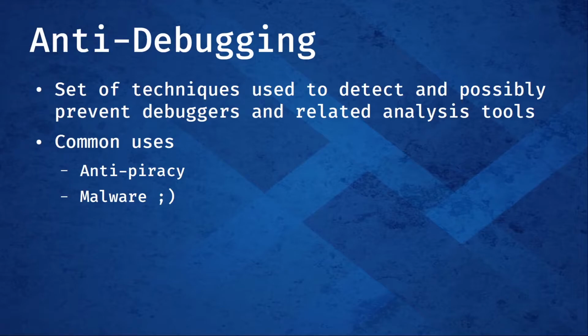So if we engage in anti-debugging, many times we are also able to detect and possibly prevent a large chunk of tools by the same set of techniques. And the most common uses apart from malware for anti-debugging has always been anti-piracy, mostly to prevent someone from blatantly copying your software without paying you.